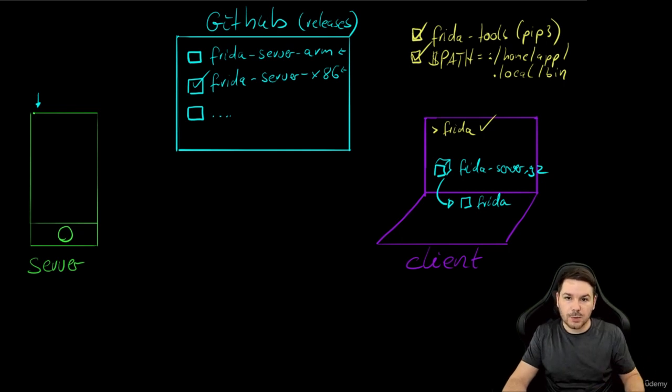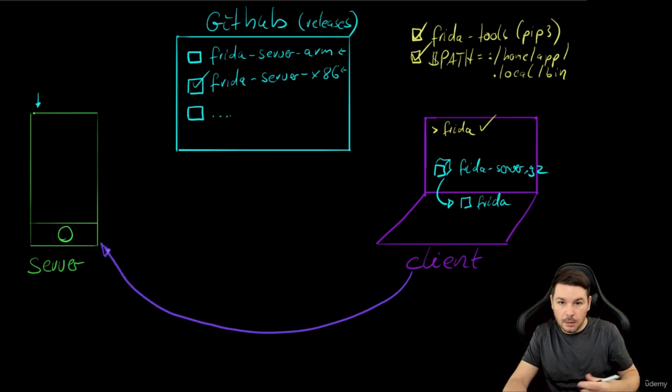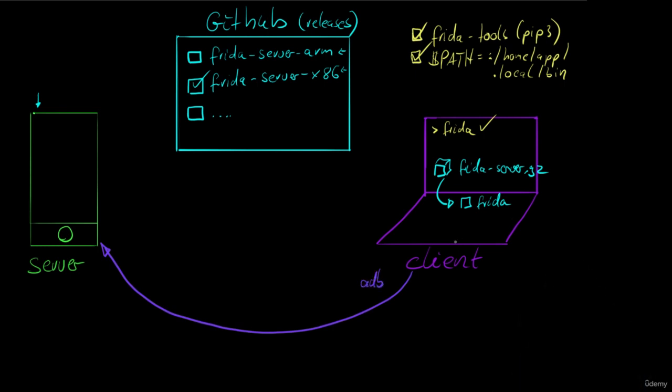Okay, then to get this Frida server binary onto our smartphone or virtual machine, we have simply established an ADB connection. So from this client to our smartphone or virtual machine. This has been done via ADB. Then we have simply used adb push with this binary over here, and we have stored it in data local tmp.